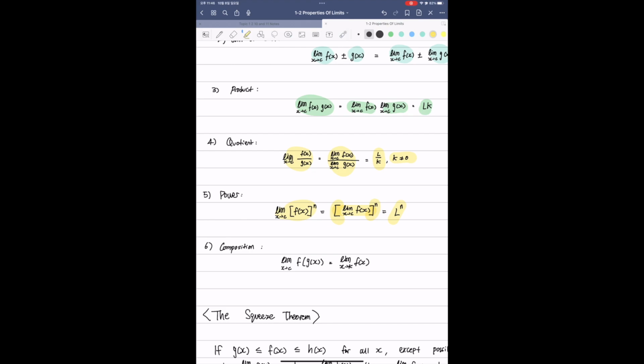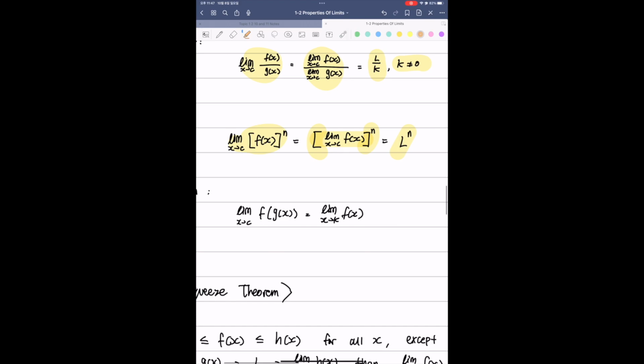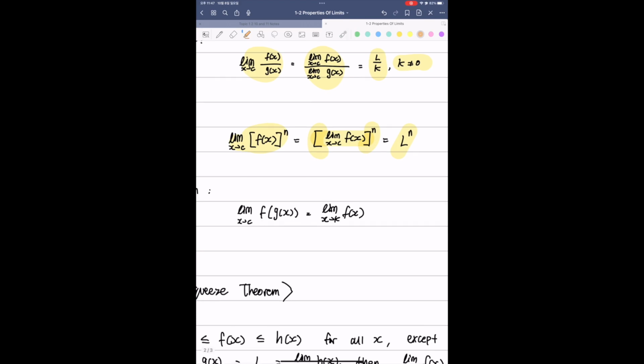Composition. This one is the most important of all these properties of limits, and you will see this very frequently. It is that if the limit of f, and then inside f(x) there's g(x) like this, this means that there's a limit of x towards k of the function.